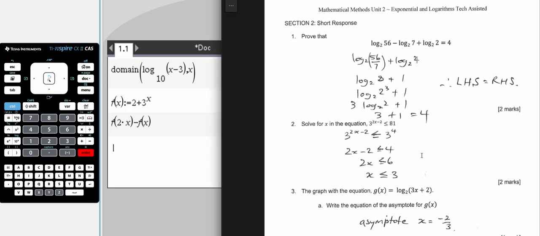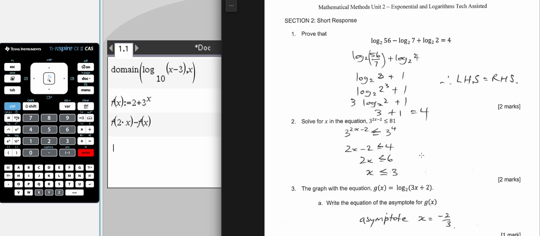If you look at the next question, again, this is a prove question. So when there's a prove question, you only focus on one side of the equal sign, like we've done before previously in other topics. And then at the very end, you say left-hand side equals right-hand side. So again, you show only on one side. Subtracting logs with the same base means division, so 56 divided by 7 gives us 8, log 2 gives us 1.